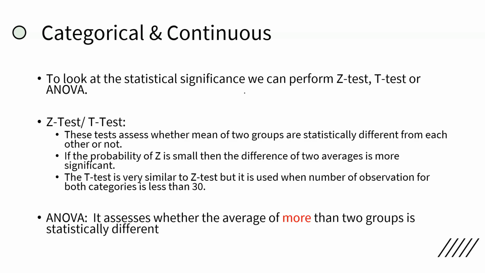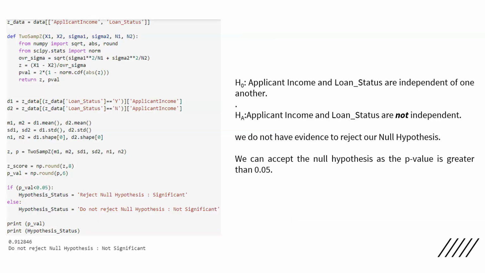I have two variables. If I want to compare more than two, we are looking at ANOVA, right? The examples that we are going to see are only two, right? But if you have more than two, you can definitely use ANOVA, right? So here also we are going to primarily look at the p-value, right?